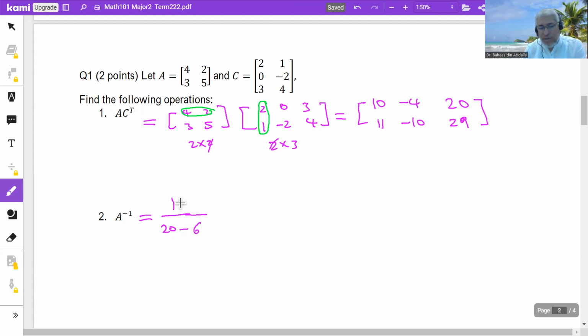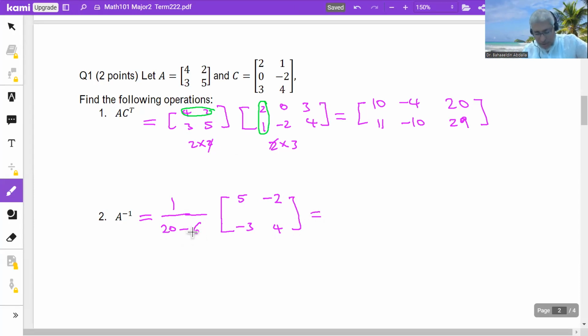So this is a number, that's just 1 over 14. We multiply this number by the same matrix, but we do some changes. 4 and 5, we change their positions. So we write 5 here and 4 here. 2 and 3, we keep the positions, but change the signs. So I'll have -2 here and -3 here. So that's the inverse matrix.